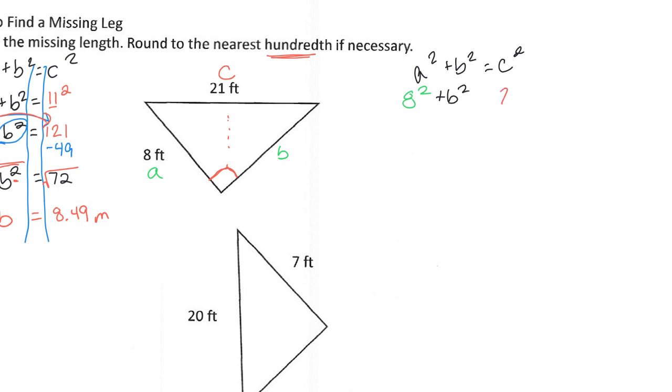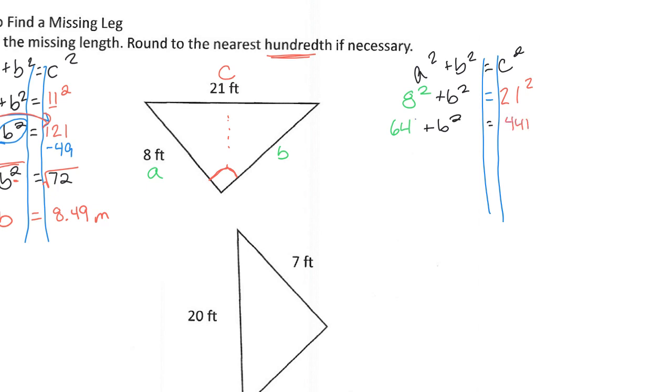C squared is 21 squared. If it helps, draw the river. That's going to help you draw that out. Figure out what 8 squared is. So 8 squared is 64. And we do plus B squared equals whatever 21 squared is. So 21 squared is 441.